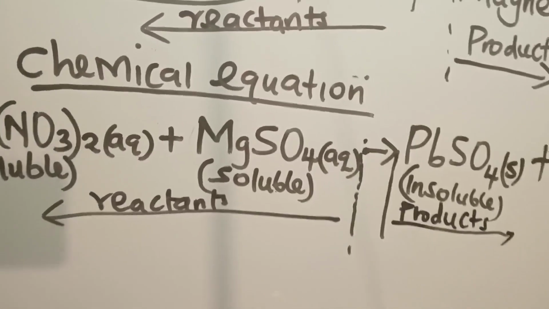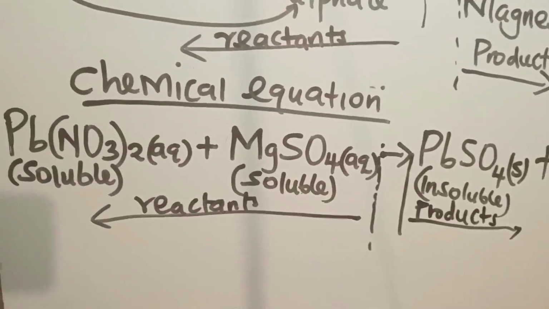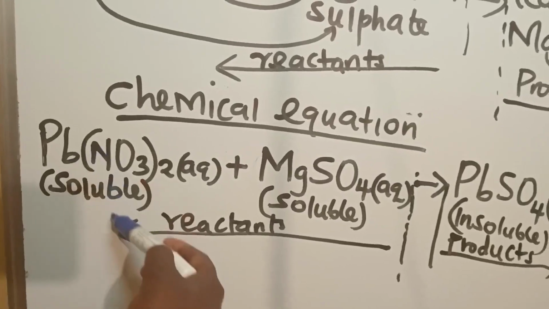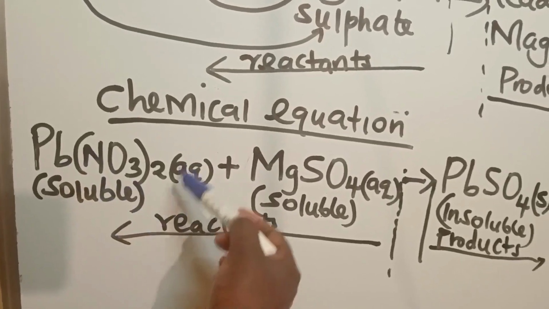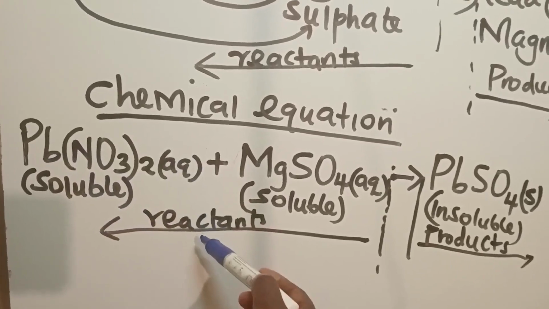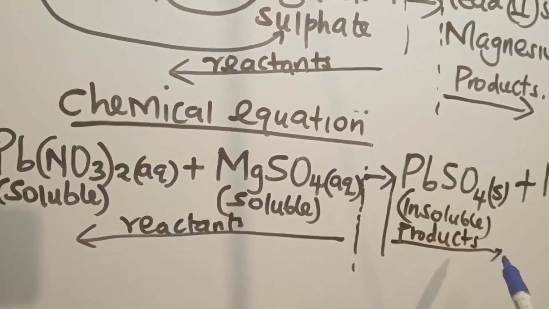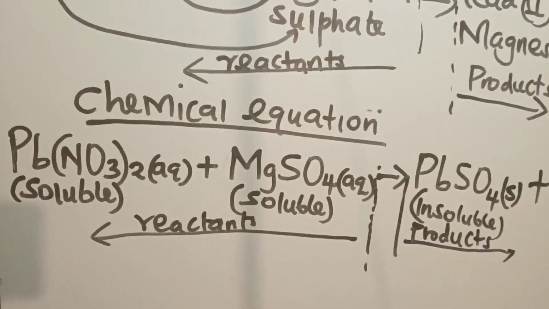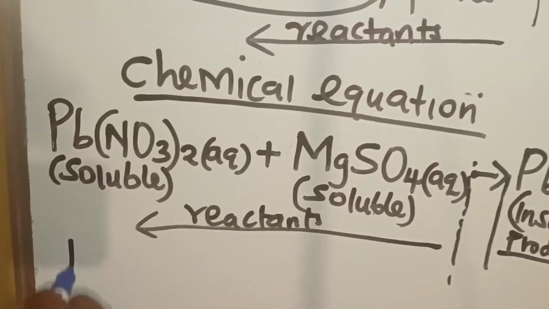So once we begin to balance, we should make sure that any substance that is represented on the reactant side should be with an equal number of the same substance on the product side for them to be balanced. So we begin with lead.